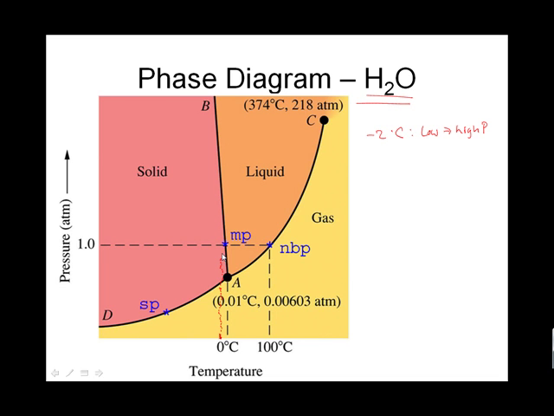And that makes sense because there's a lot of pressure onto that gas of water. But if I get it into a high enough pressure, water turns back into a liquid. So at high pressure, the water exists in a liquid.